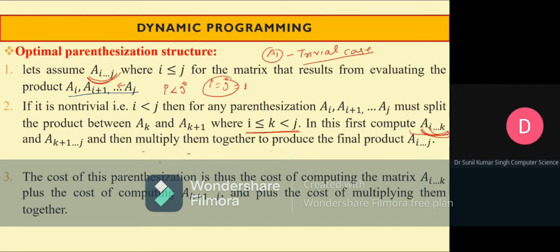That means from Ai to Ak, after computing you will find the matrix, and we denote it with Aik. Similarly, doing the multiplication from Ak+1 to Aj, the resultant matrix will be denoted with Ak+1..j. So I hope it is clear.